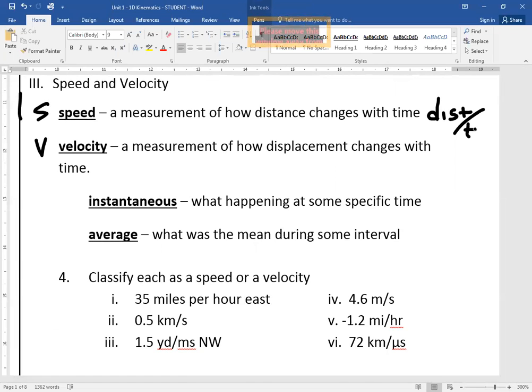There was no direction inherent with either of those two things, so how can I get a direction in the result? If I divide displacement by time, displacement has direction. That's a vector. So when I divide it by time, I'm going to get a vector, and that vector will have the same direction as the original one.